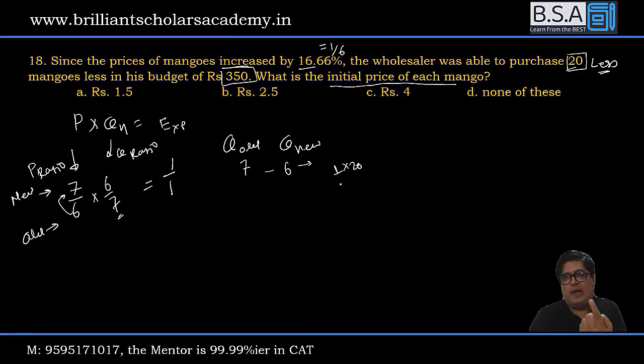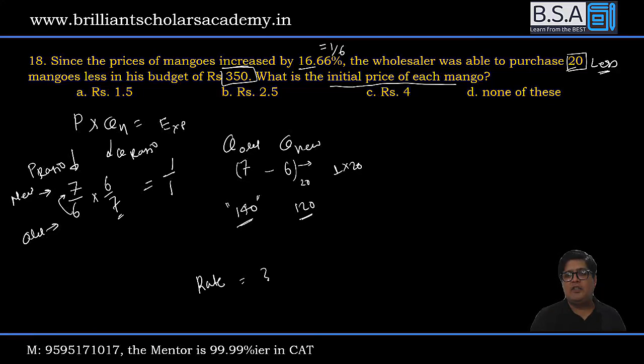According to me, it is 1. In reality, it is 20. So you multiply 20 everywhere. That means earlier 140 mangoes were bought. Now 120 mangoes are bought. So 140 mangoes used to be bought for rupees 350. So what is the rate of one mango?